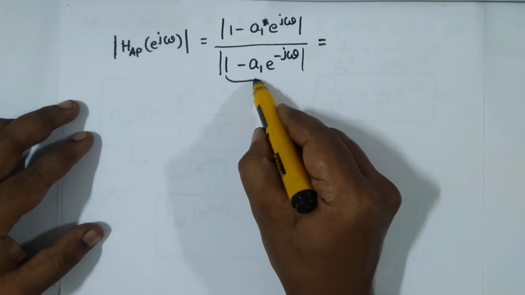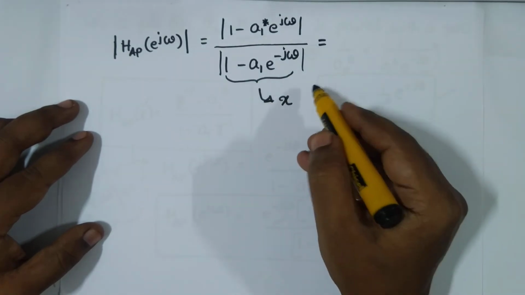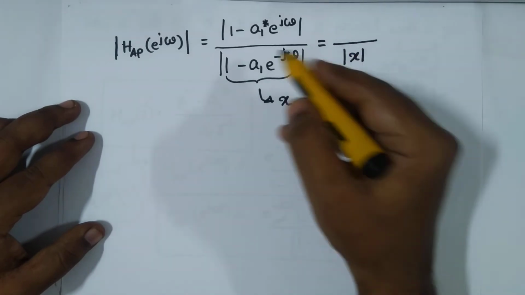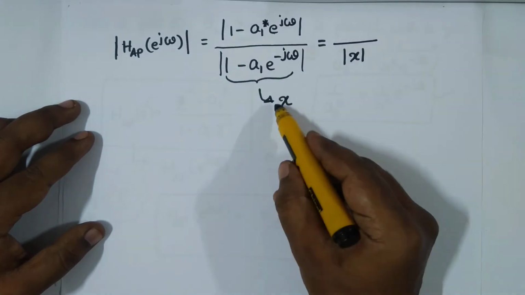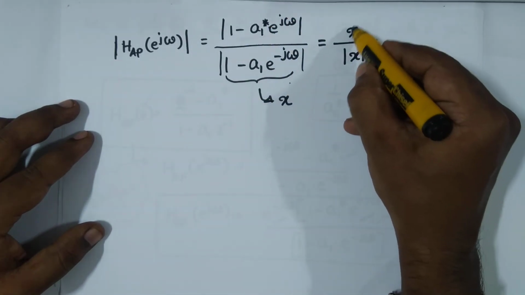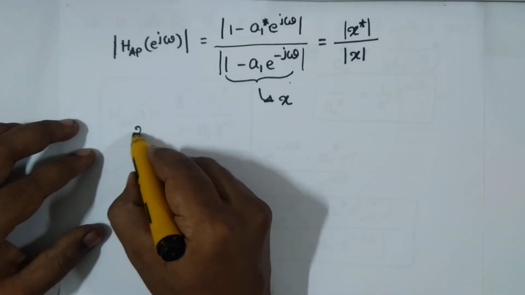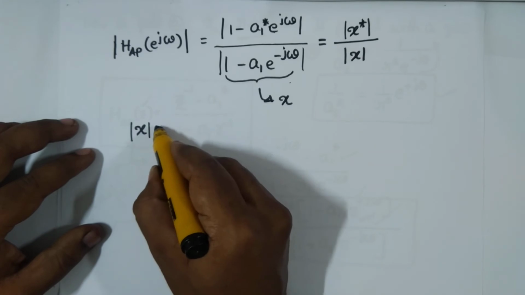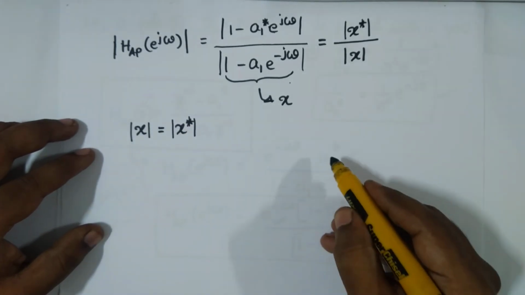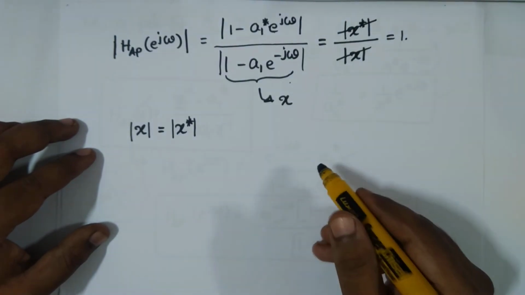Think of 1 minus a1 e power minus j omega as x. Here we have x magnitude. If this quantity is x, there is no second thought, this quantity becomes x conjugate. Needless to say, x magnitude must be equal to x conjugate magnitude. In that scenario, this is equal to 1.